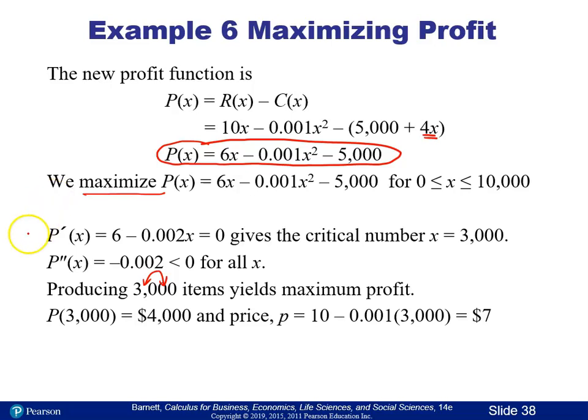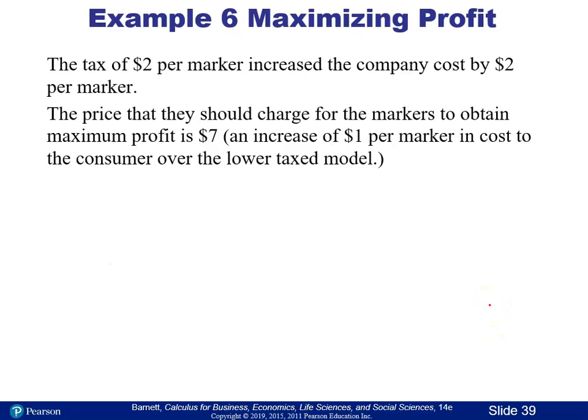So if we plug 3,000 back into the profit equation, we're going to make $4,000. And then the price, if we plug the 3,000 back into the price equation, we need to sell those markers for $7 each instead of, I think it was originally $6. So you can see that it does change this.